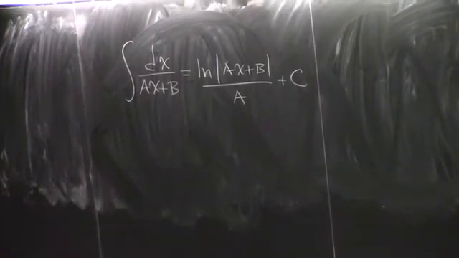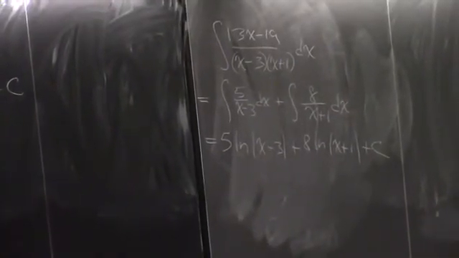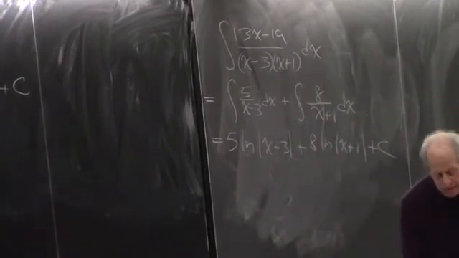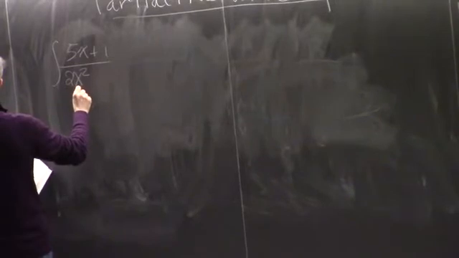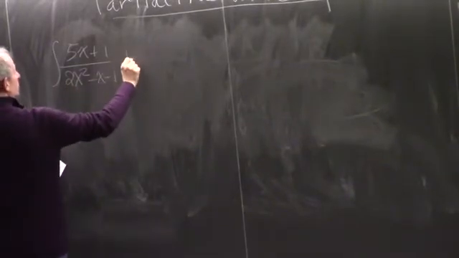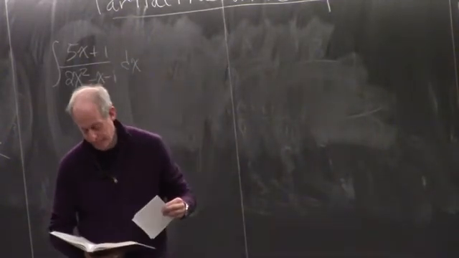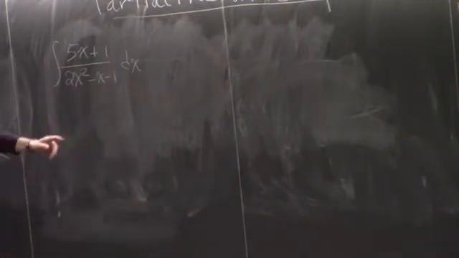Okay, so let's suppose I have the integral of 5x plus 1 on top, 2x squared minus x minus 1 on the bottom.